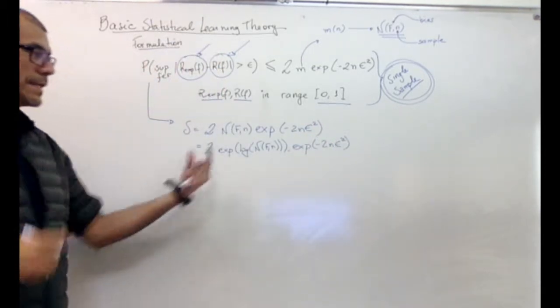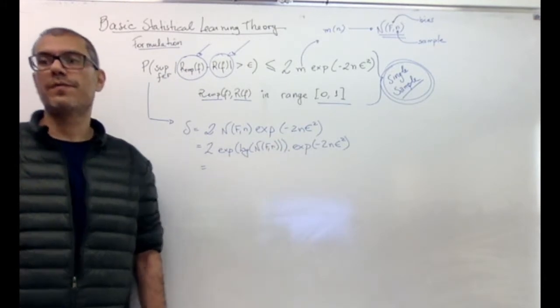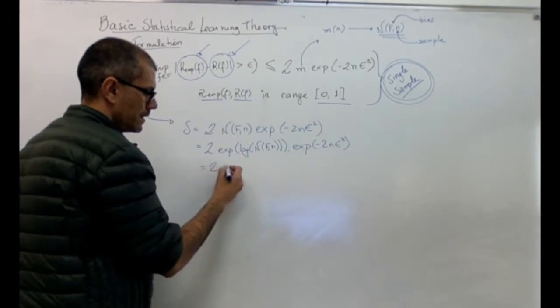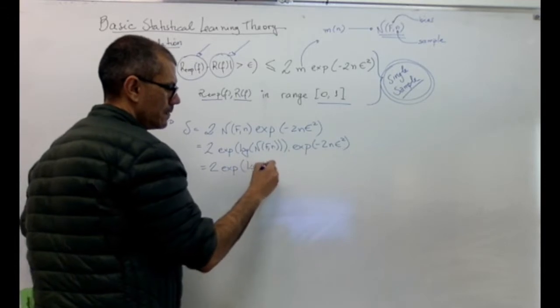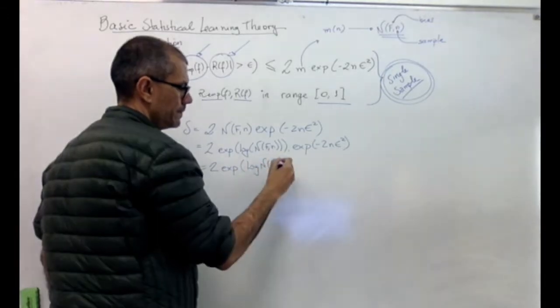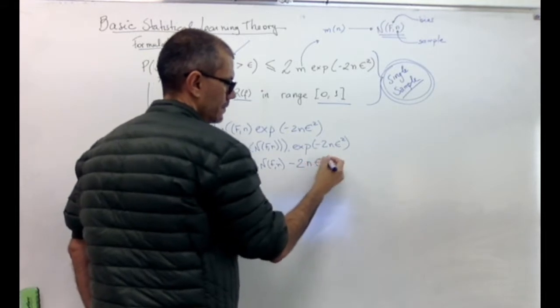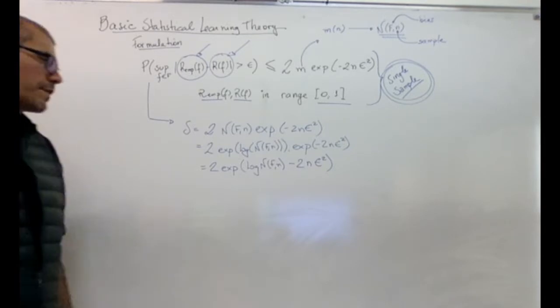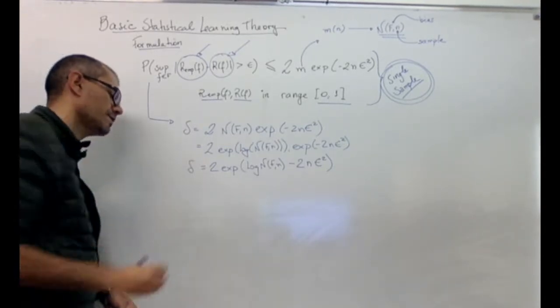In that situation, I can sum the powers of both exponentials and end up with the exponential of d log of N(F_n), minus 2n epsilon squared. And this is our delta.